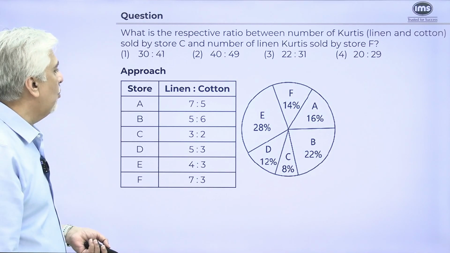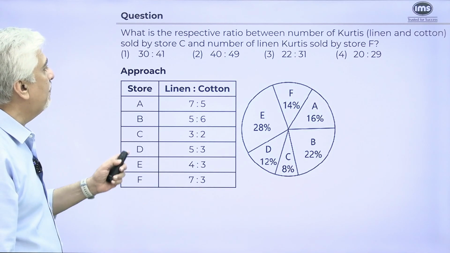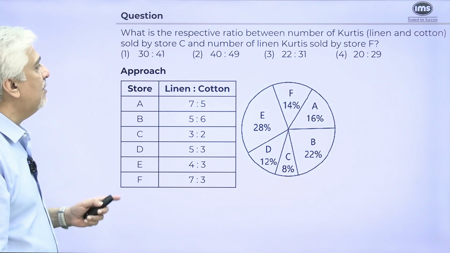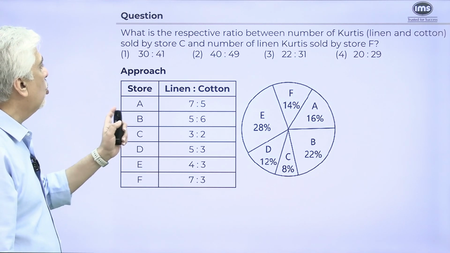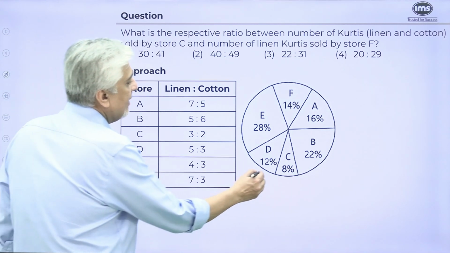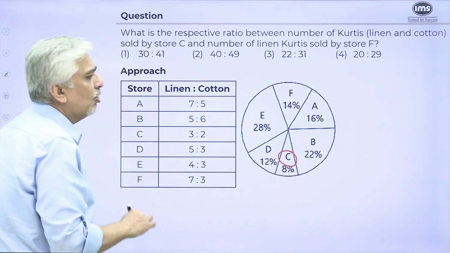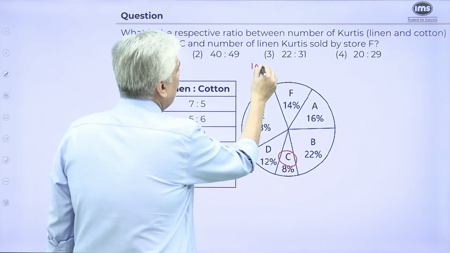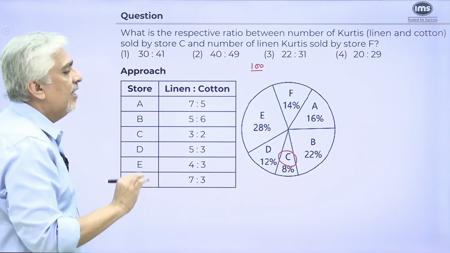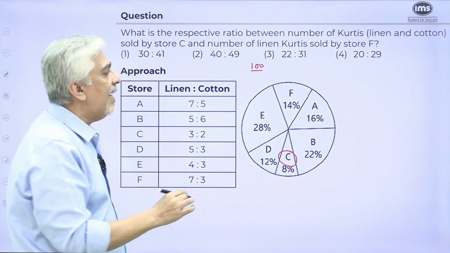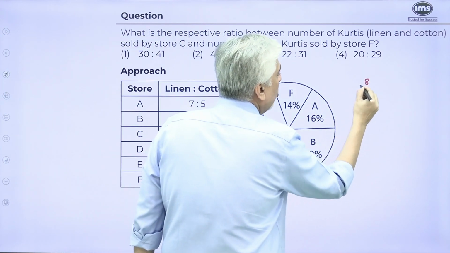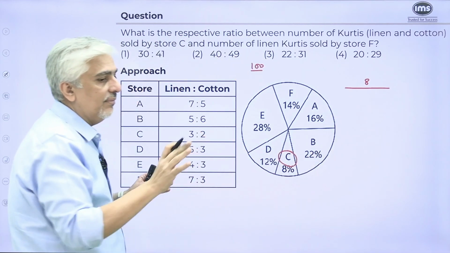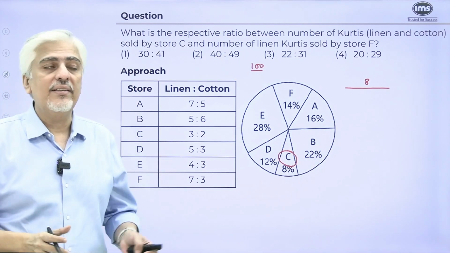For the first question, what do I want to find? The ratio between kurtis, linen and cotton, sold by store C and kurtis sold by F. C is 8%. Suppose the total number of kurtis is 100, which means C is selling only 8 kurtis totally, linen and cotton together.